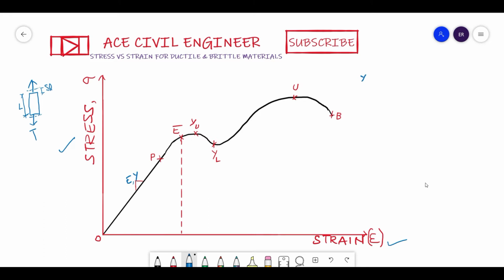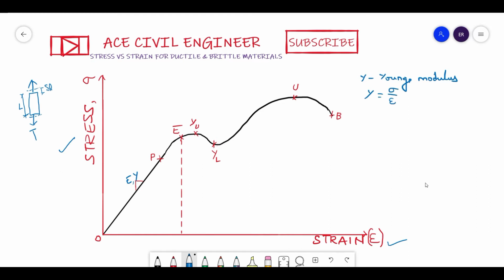So Y is the Young's modulus. This is the slope of the curve as it is elastic in nature. It tends to be linearly proportional to strain, the stress whatever is there. So here I can write Y equals stress by strain because it is simply the slope.